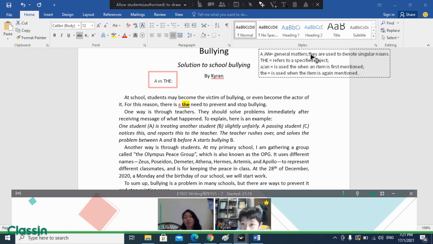Singular, not just singular nouns, singular count nouns. The refers to the specified object. A and an are used when an item is first mentioned. The is used when the item is again mentioned.